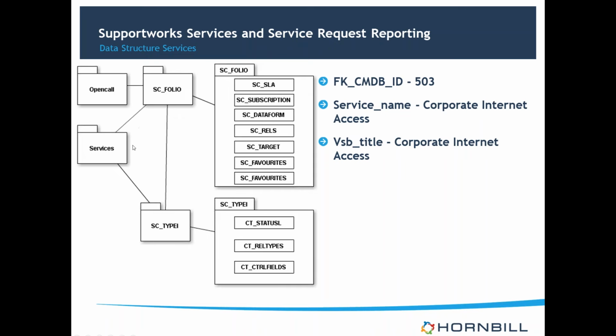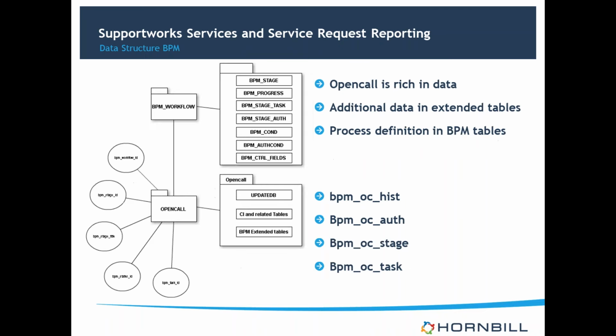The open call table is there because the majority of the requests, in fact all the requests that are logged against a specific service, are stored in the open call table. So if it's transactional information that you want, you don't actually have to look at the service unless you want additional information about the specific service. All right. So the second part then is, once you've got the information about the service, if it's transactional, as I said, you need the open call table.